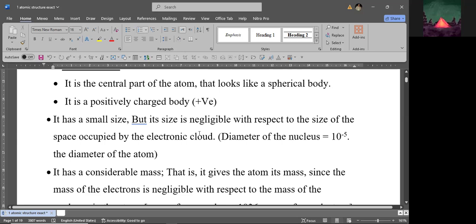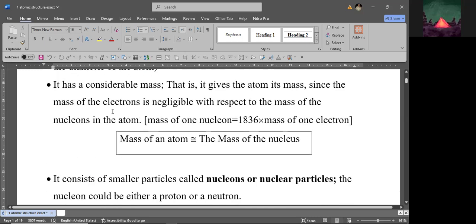Okay, هو الاتوم size of the atom and a ping pong ball is the size of the nucleus.